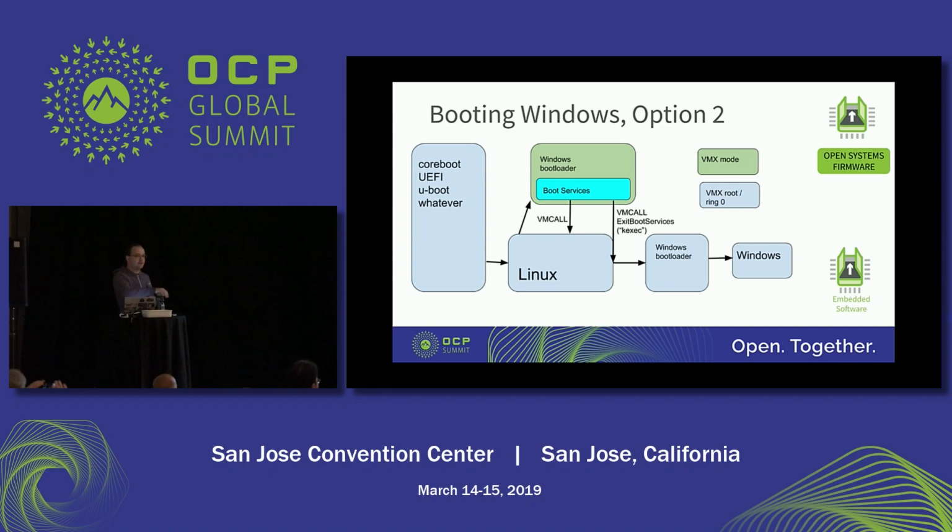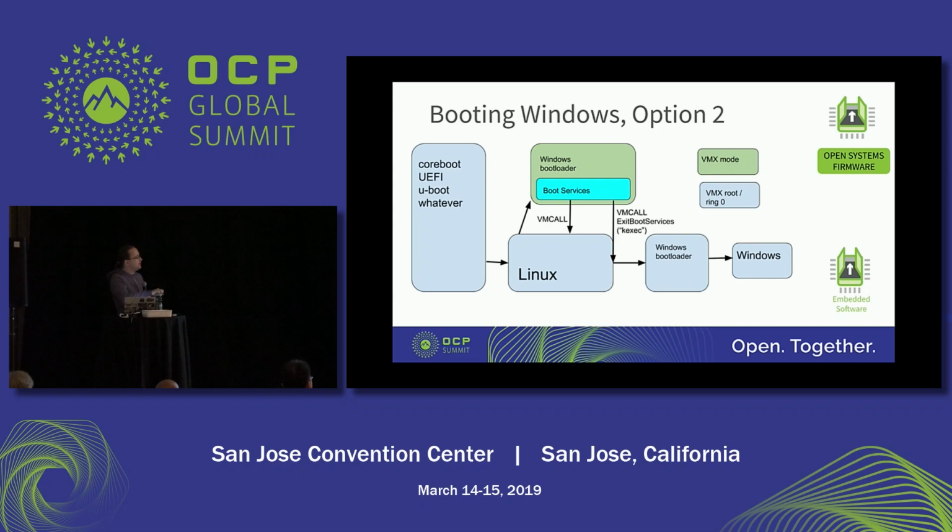I don't know how many of you are familiar with the Dune project from Stanford, but the Dune project was a small kernel hypervisor that used VM calls to communicate from the VM to the host. So what if you implemented boot services as small stubs that actually make VM calls to a host? You start the Windows bootloader in VMX mode. You try to emulate as much from the host as, I'm going to say, accurately as you can.